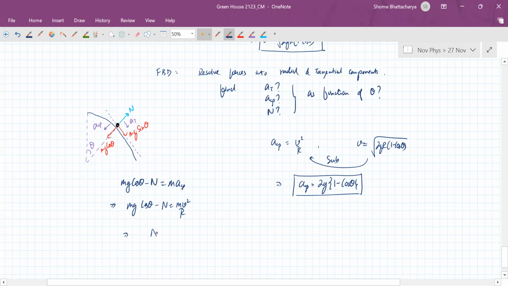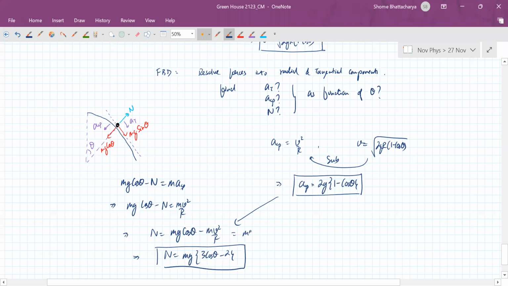So when you substitute this, normal reaction will become mg into 3 cos theta minus 2. So this is normal reaction as a function of theta.